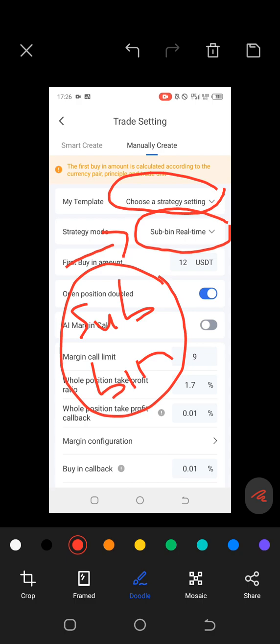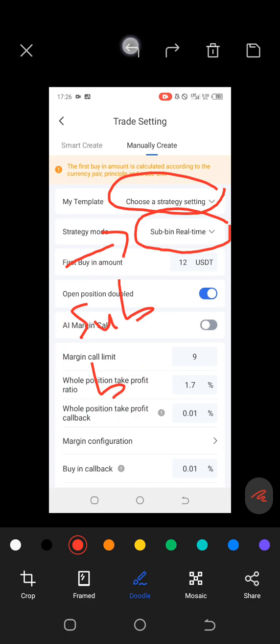But some people don't have that much, so they start with 1 asset at a time till they build their capital to accommodate 3 coins or 5 coins or 10 coins per your capital strength. Okay, and then we talk about the sub-bean.